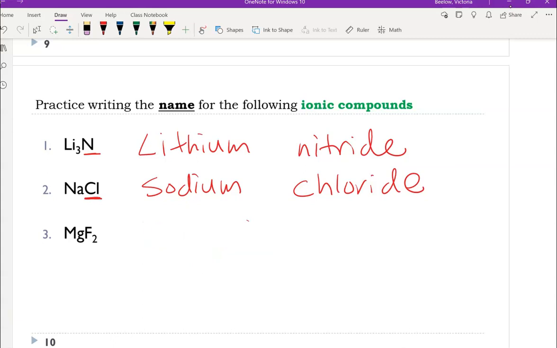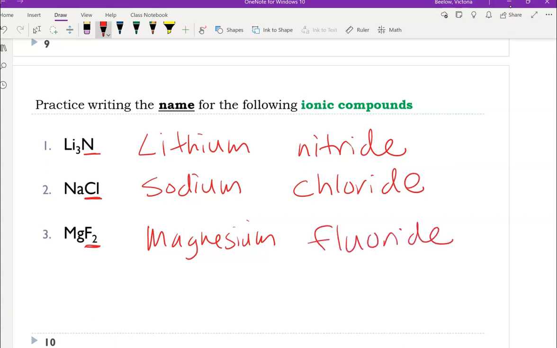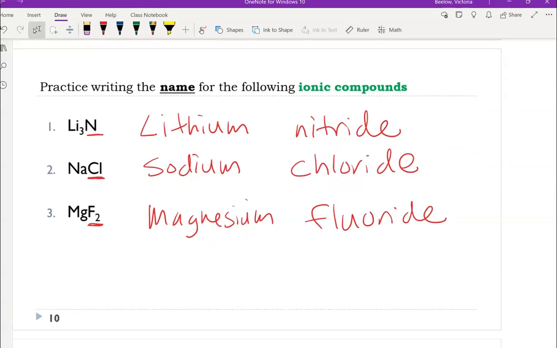And then F on the periodic table, that is fluorine, and we're going to change that to fluoride. Okay. And that's how you name ionic compounds. Remember, covalent was just like this, but you were using the prefixes, like mono, di, tri, tetra, etc.